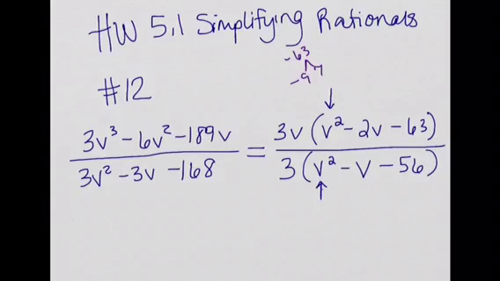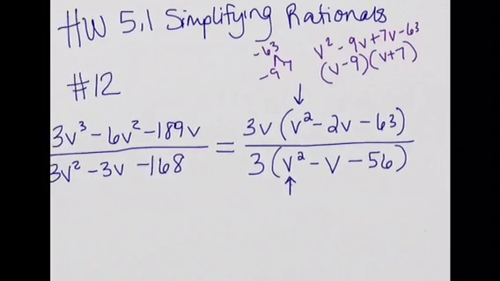So when I write this out, it'll be v squared minus 9v plus 7v minus 63. Okay, and when I do factor by grouping or using the box to factor out, put all those terms inside of the box and factor out, I end up with v minus 9 and v plus 7.